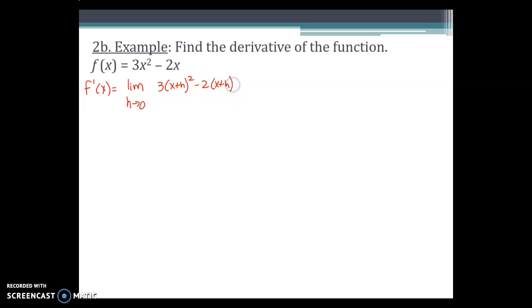Don't forget to put an x plus h in every time you see an x. Whole thing over h. So expand, combine like terms, simplify as much as possible, and attempt to eliminate that h on the bottom. So why don't you pause the video and try it.